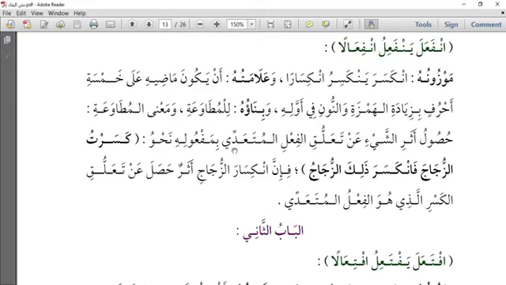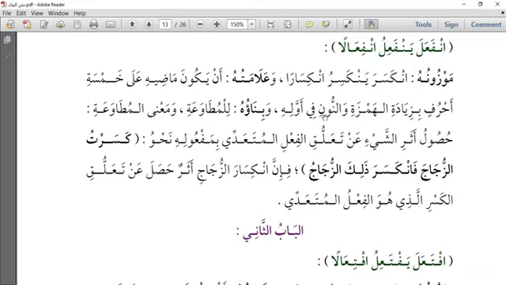Other examples of verbs that come under this shape, we have inqata'a. We mentioned this example in our earlier class on al mutawa. Inqata'a is derived from qata'a. We add hamzatul wasli and the nun sukun before it, it becomes inqata'a. Qata'a is it cuts, so inqata'a will be it got cut.